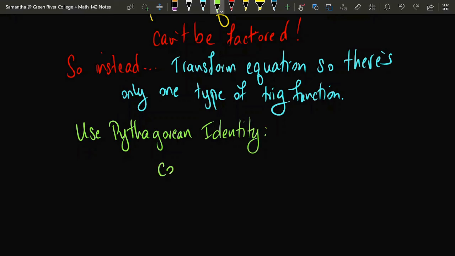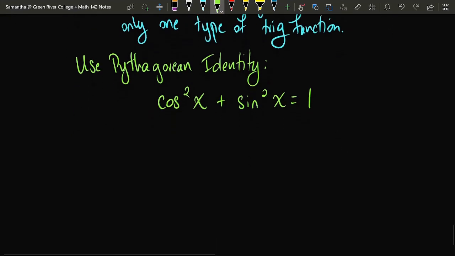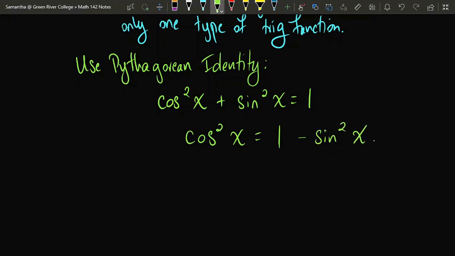Remember that the Pythagorean identity said that if you take cosine of something and square it, and take sine of the same something and square it, the result is always equal to 1. Now suppose that I take this equation and rearrange it slightly to isolate cosine squared x by subtracting sine squared x from both sides.